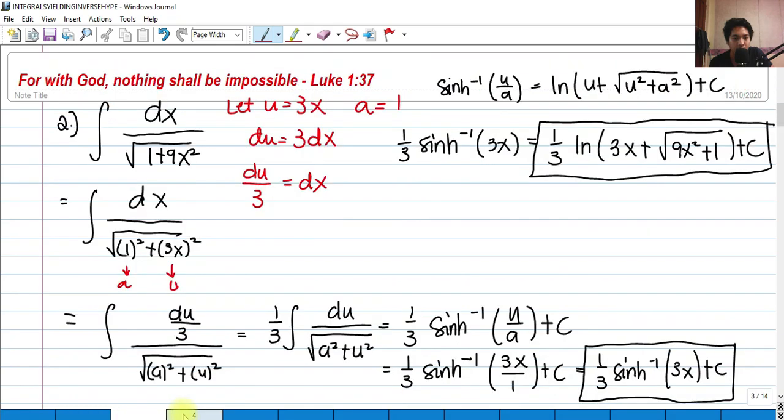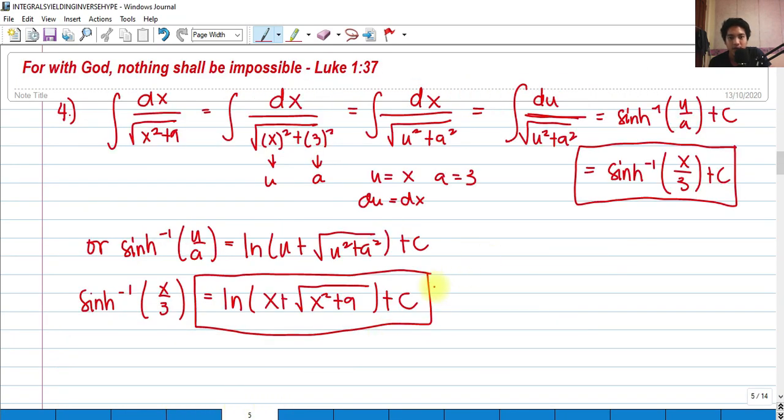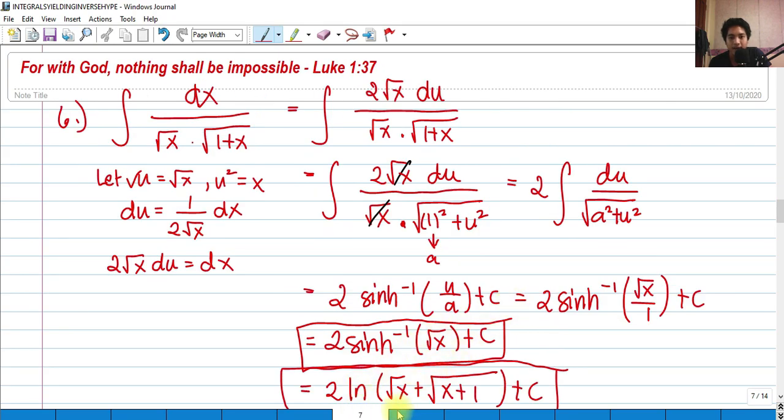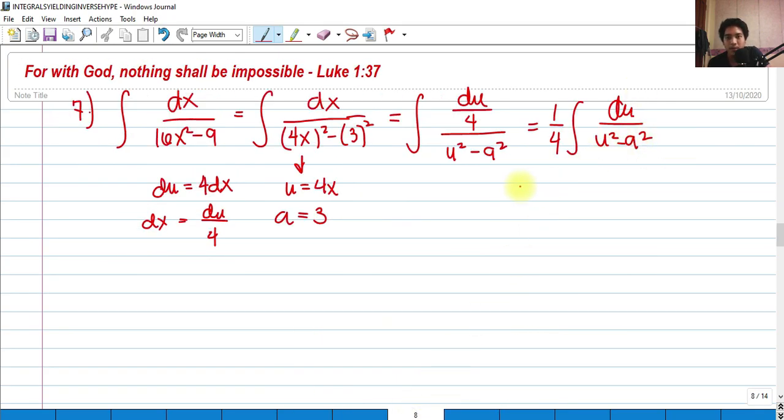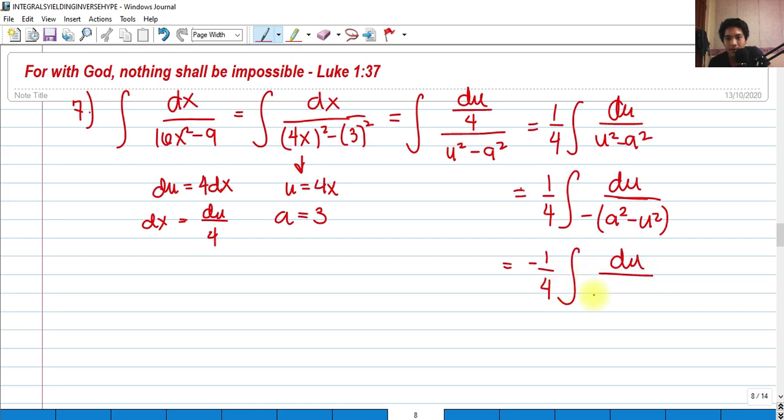So we have to force that to make it a squared minus u squared rather than u squared minus a squared. So what I am going to do is multiply it by negative 1, so that I'll be having a squared minus u squared. This negative 1, I can factor out outside of the integral sign, so this becomes negative 1/4, and then we have du all over a squared minus u squared.